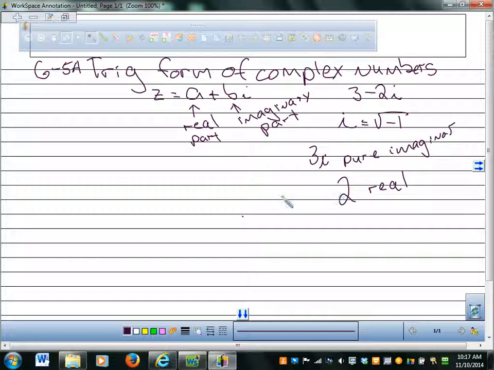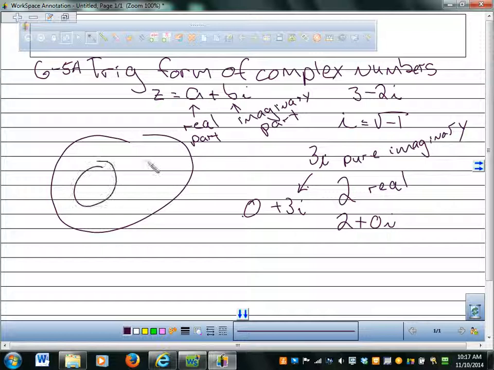This can be written as 2 plus 0i, right? Likewise, this number can be written as 0 plus 3i. So even though this is a pure imaginary number, and this is a pure real number, I can write them as complex numbers, and they're subsets of the complex numbers, right?